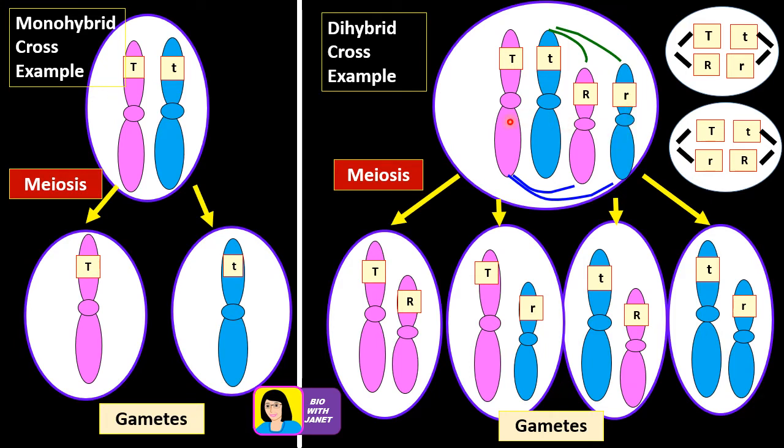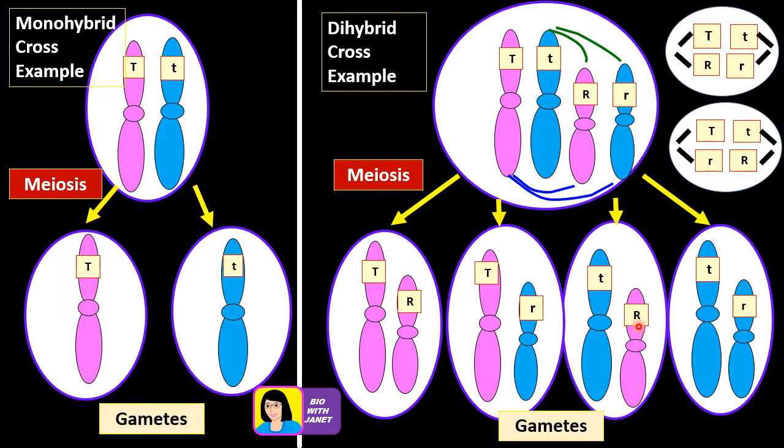So this chromosome and this chromosome face the same pole, and on the other side, these two will face the same pole: the chromosome carrying small t and the chromosome carrying big R. This is different from the previous one, because that one had big T with big R, and small t with small r. But here you have changed place. Here the small r is together with big T, and the big R is with small t. That's where you get the third combination, big T, small r. On this side, these two alleles will come together in the same cell, and the fourth one is small t, big R.